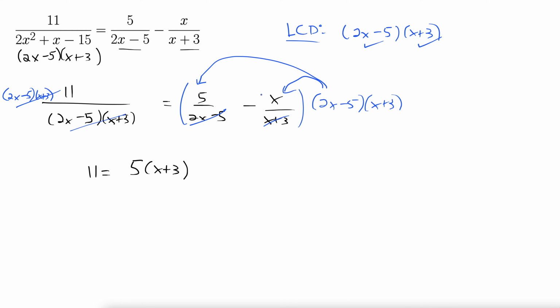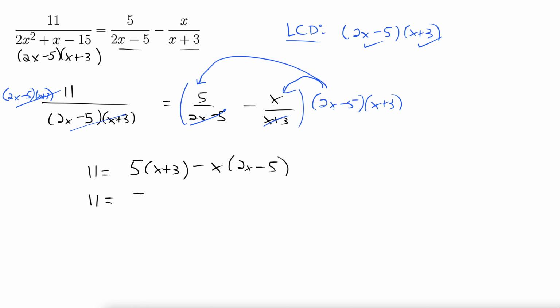That leaves us with minus x times 2x minus 5. And what do you know? We have gotten rid of all those denominators, and now we just have an algebraic equation to solve without any crazy denominators. Okay, so let's do it. Let's see what we get here.